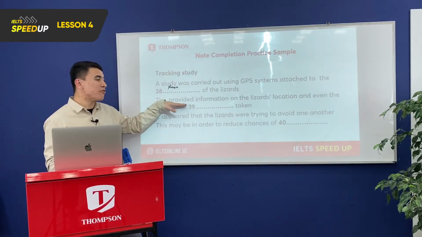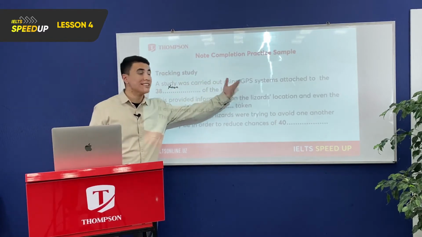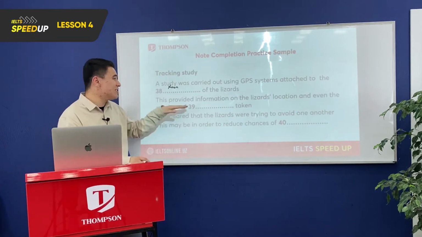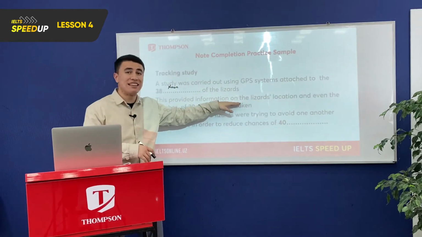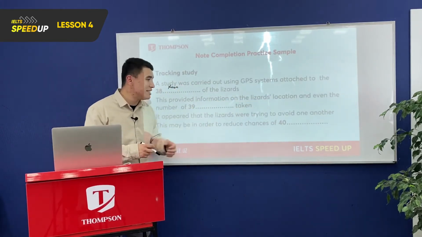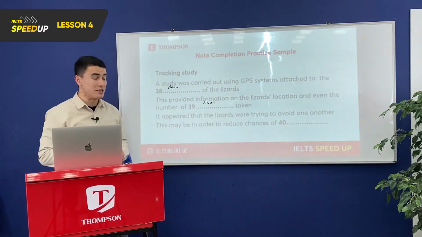This provided information. So connecting the GPS gave them a chance to find out the location of the lizards and even the number of something taken. So you need a noun here as well.